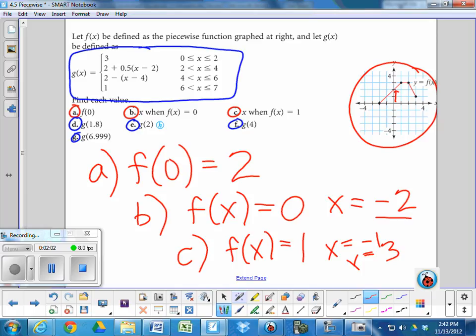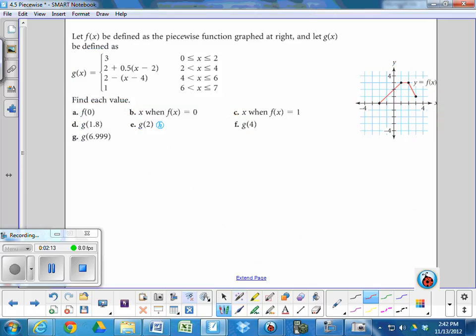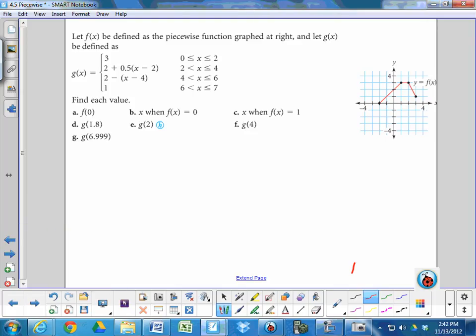Now, g of x isn't a graph. It's not a picture. Here's how I can try to give you an analogy for this. With g of x, they give you this chart almost. It's like you run down the line.